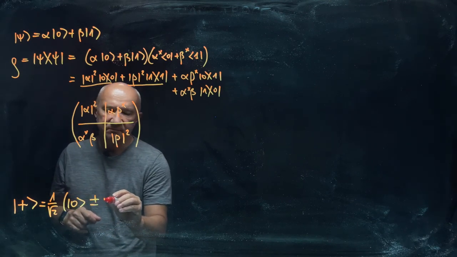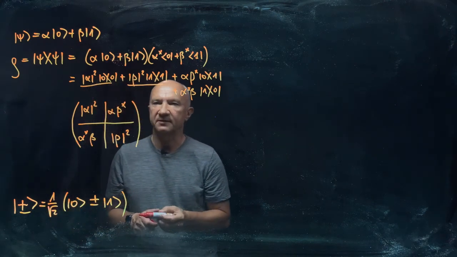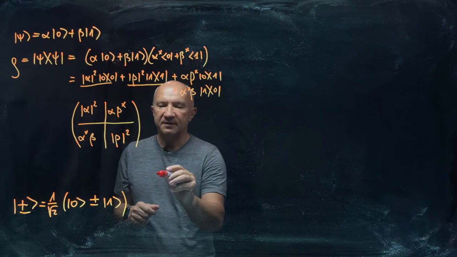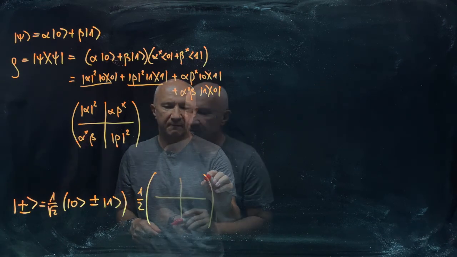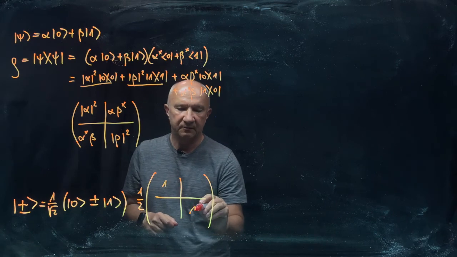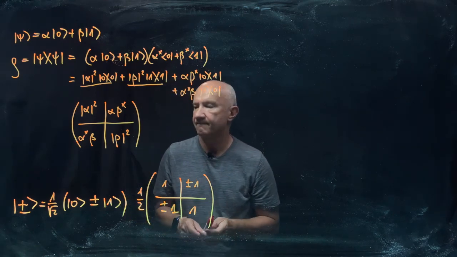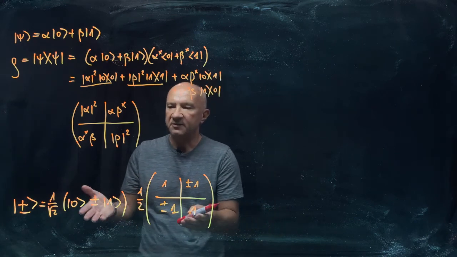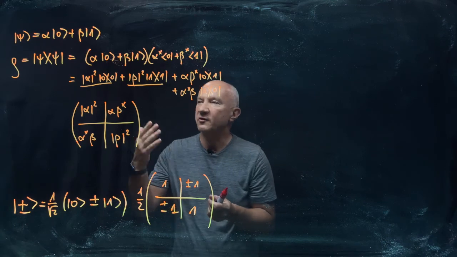I'll consider the two eigenstates of the X operator. Then the corresponding density matrix you can see right away will be equal to half, it will have terms 1, 1, plus minus 1, plus minus 1. So those are just simple examples of density matrices associated with pure states of the qubit.